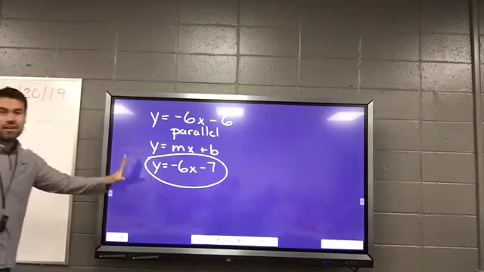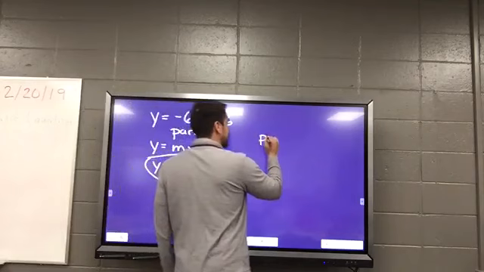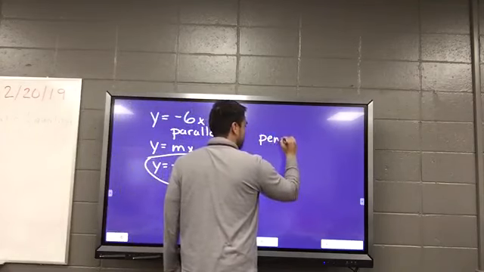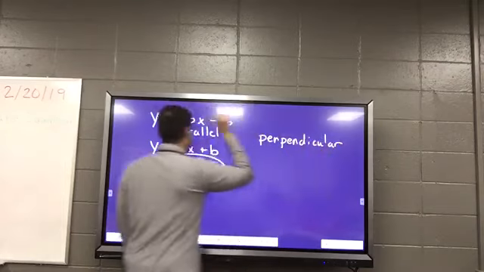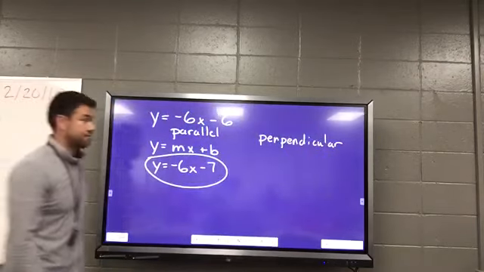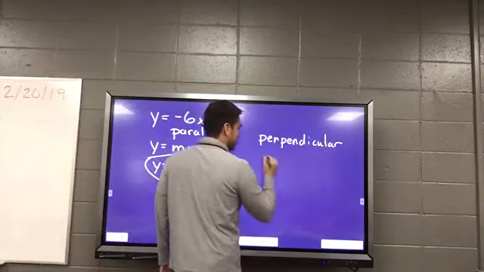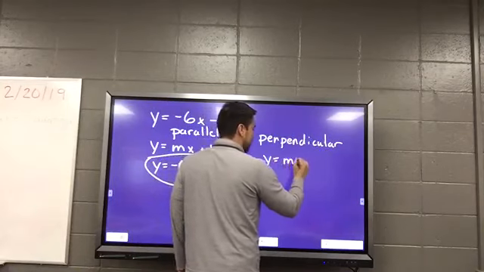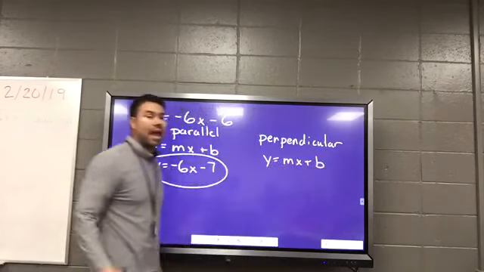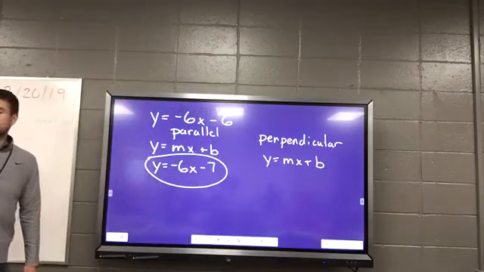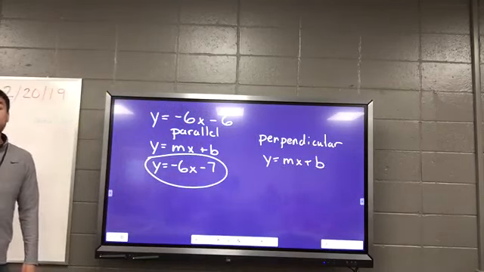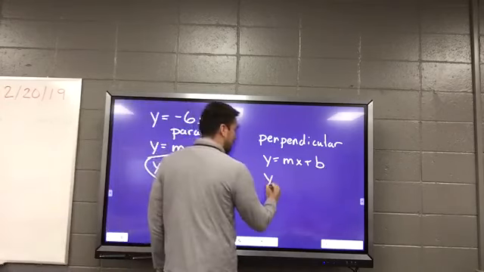And then give me a perpendicular line to that first line. So you got y equals mx plus b. What does your m have to be? It has to be positive 1/6.